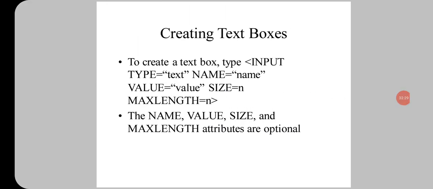So what are the form elements or form controls? There are many types of form controls used, like text box control, radio button control, check box control, list box control, submit button control, text area control, and like that.